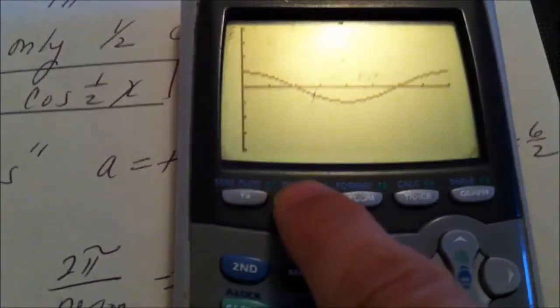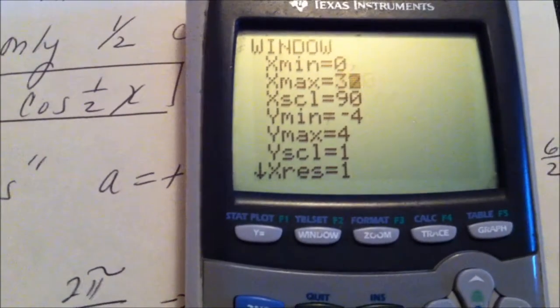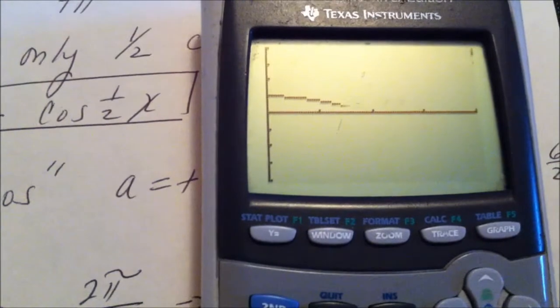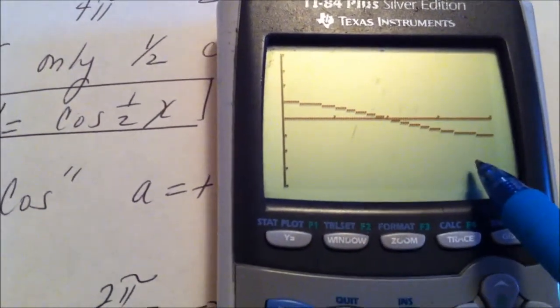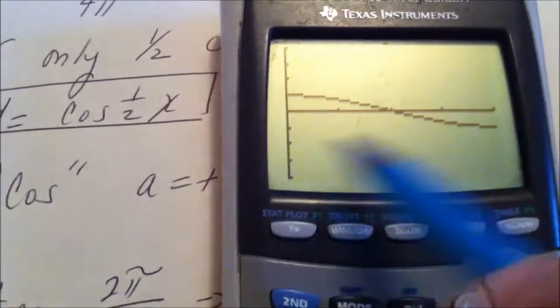Let's change that window back to 0 to 360. Just hit graph, because you don't want to do a zoom 7 and reset the parameters. So you can see that 1/2 is the frequency. There's no shifting here. There's no vertical shifting, or else the curve would be up here or down here. So what's my curve? Y equals cosine of 1/2 x.